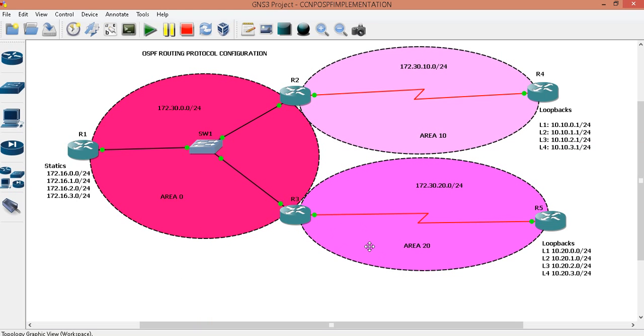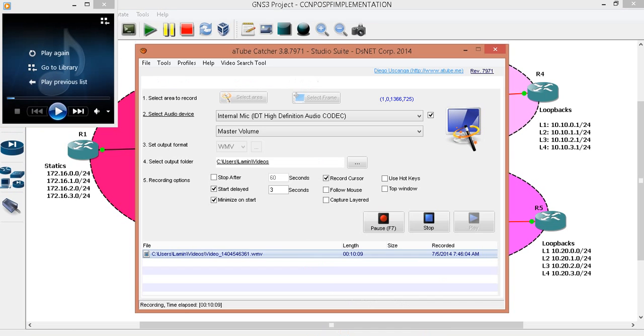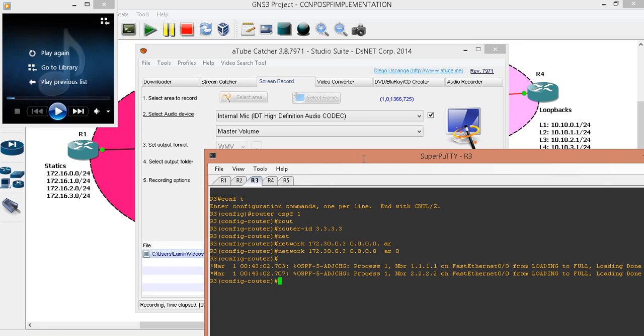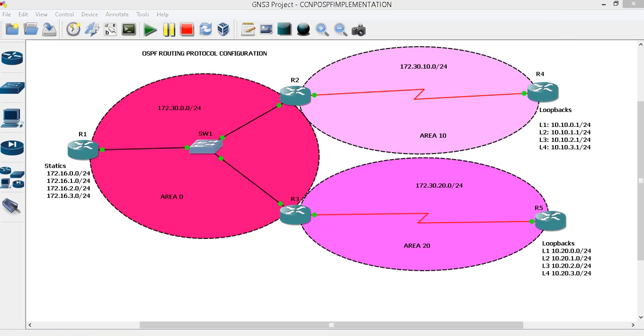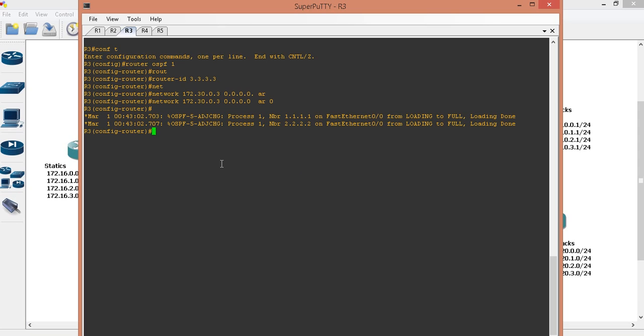And I'm going to configure this network command here, this slash 20. So 20 is going to be network 172.30.20.3, area 20.